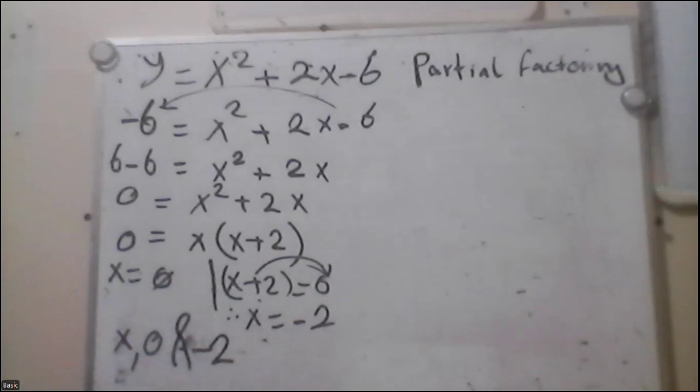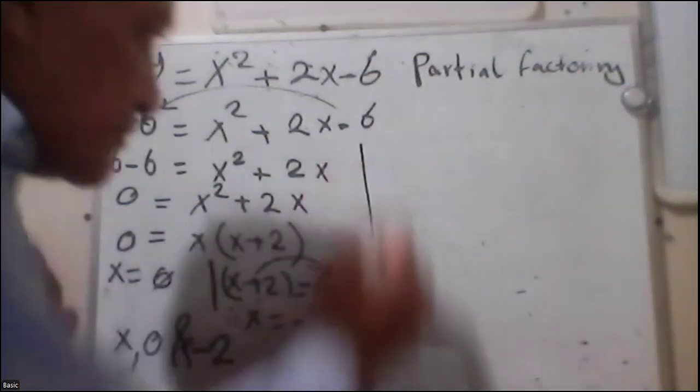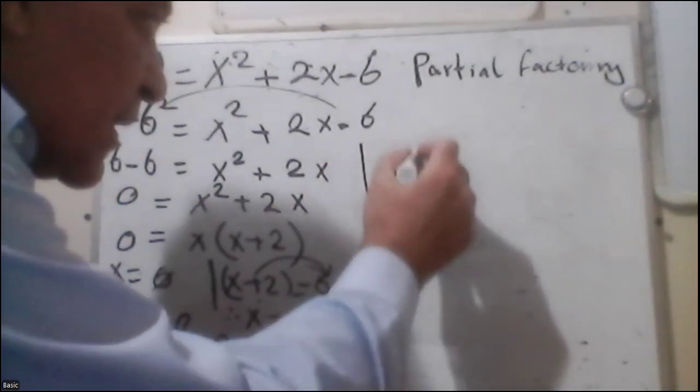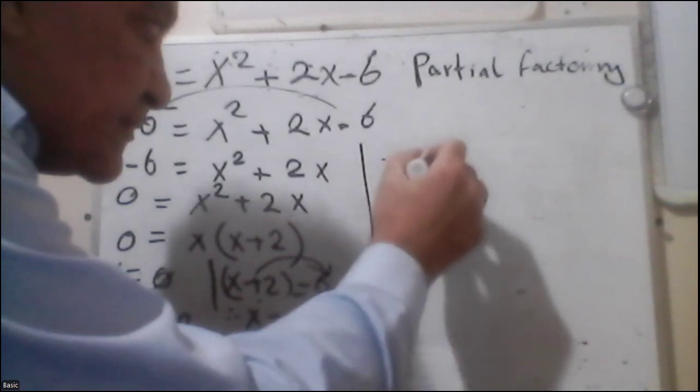Okay, now this is a point. Now I want to check what I will do with this. I will get the vertex. The x vertex is the average of these two intercepts.